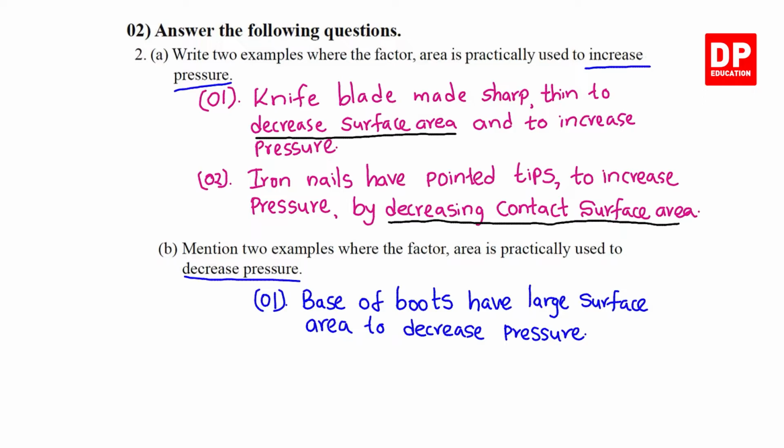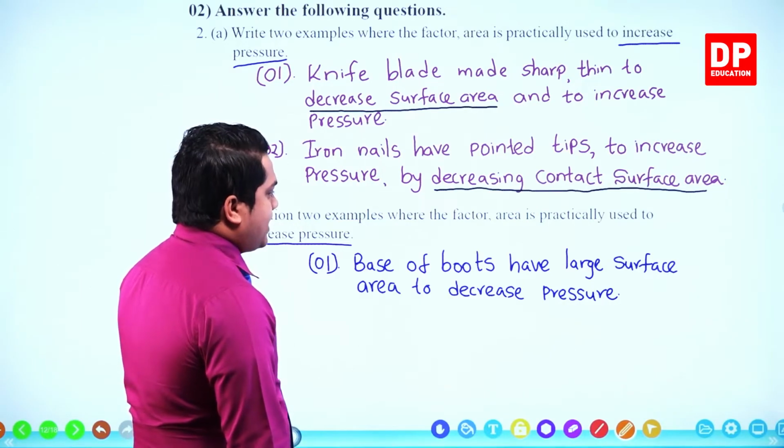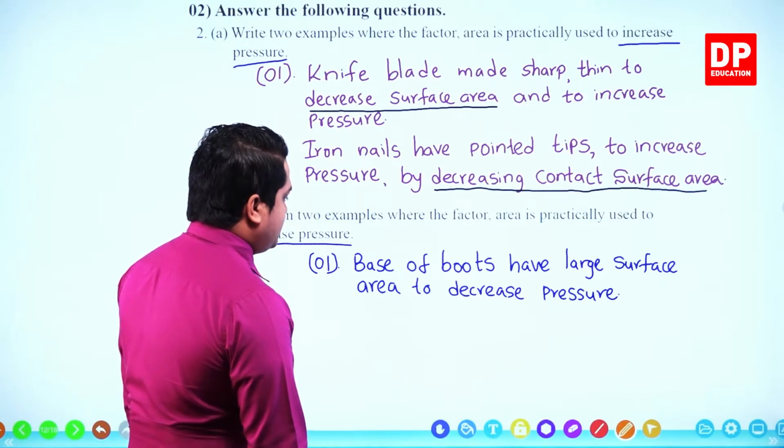Right? To decrease pressure. Base of boots have large surface area to decrease pressure.